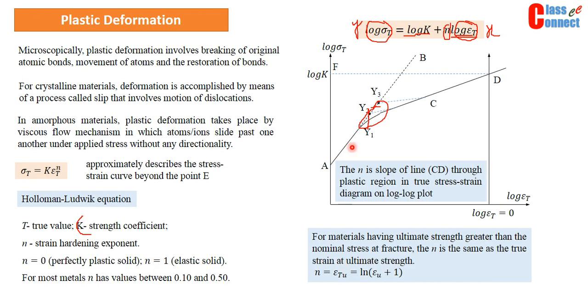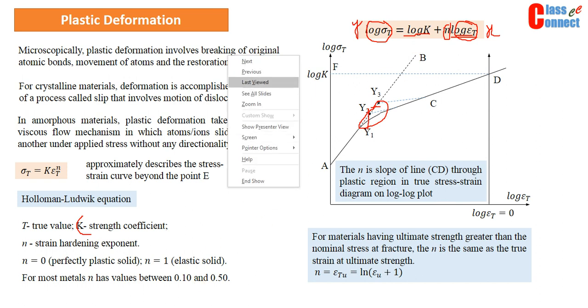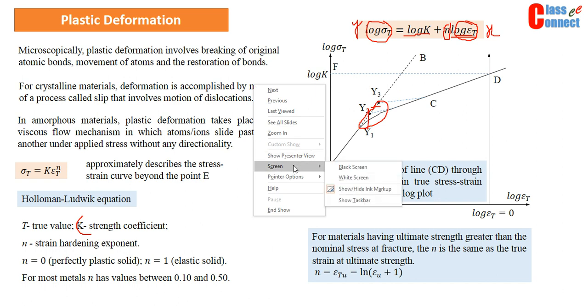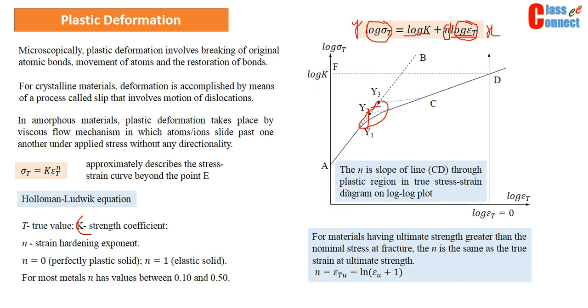Another important aspect is how this line is plotted. There are two straight lines. One line is this CD, another line is this AB. AB is the line which is below this yield point, and below this yield point we know that stress is directly proportional to strain, and we use this as sigma is equal to E epsilon.